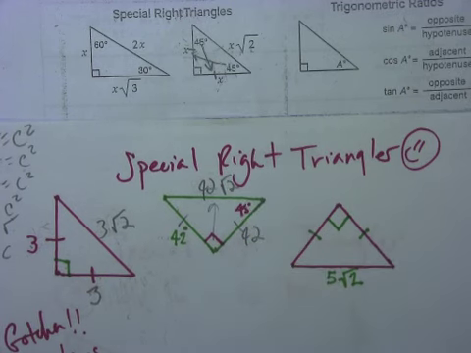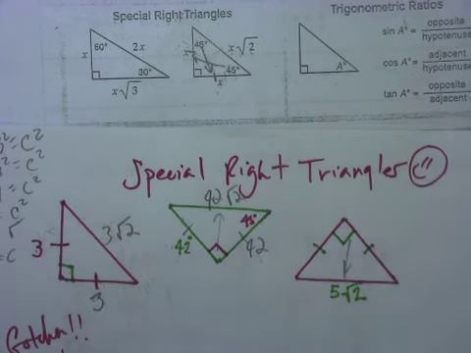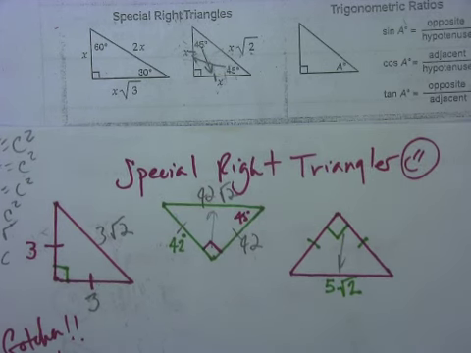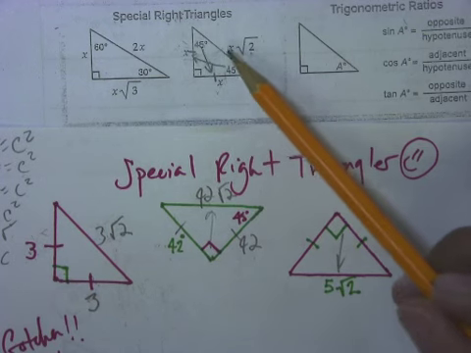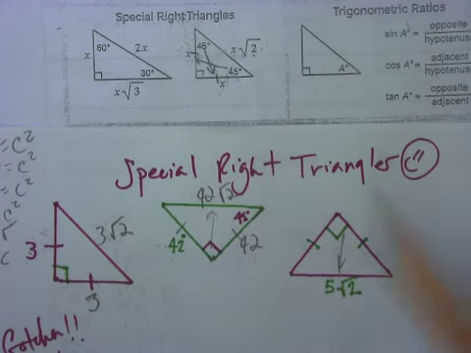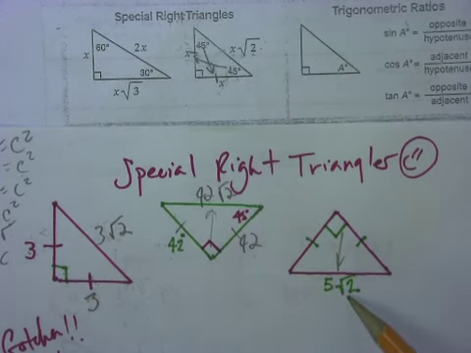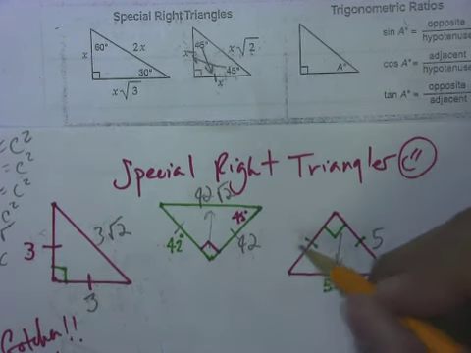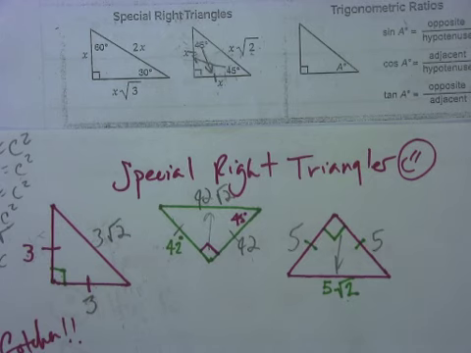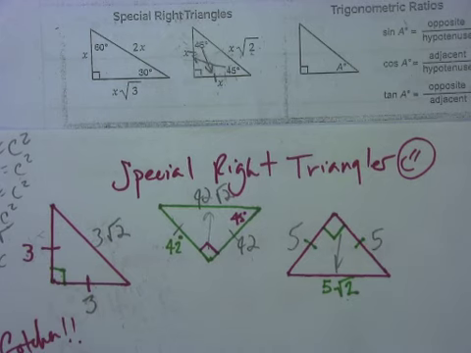If you actually worked out the Pythagorean theorem, you'd get whatever this is equal to in a calculator. Similarly, if they give me the hypotenuse, as they do here, the rule says that the hypotenuse is the leg times the square root of 2. Here is my leg times the square root of 2, which means that both of my legs are going to be 5.